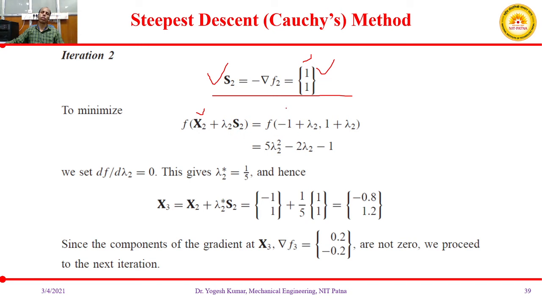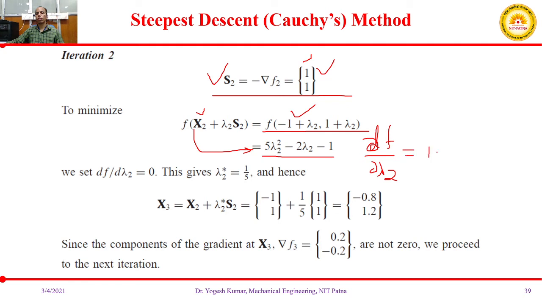If you solve it, your values will be a function of minus 1 plus lambda 2, and 1 plus lambda 2. If you put these values in your given function, you will get this expression. Okay, so in order to calculate the optimum step size, that is lambda 2, we will take the derivative of the function with respect to lambda 2.